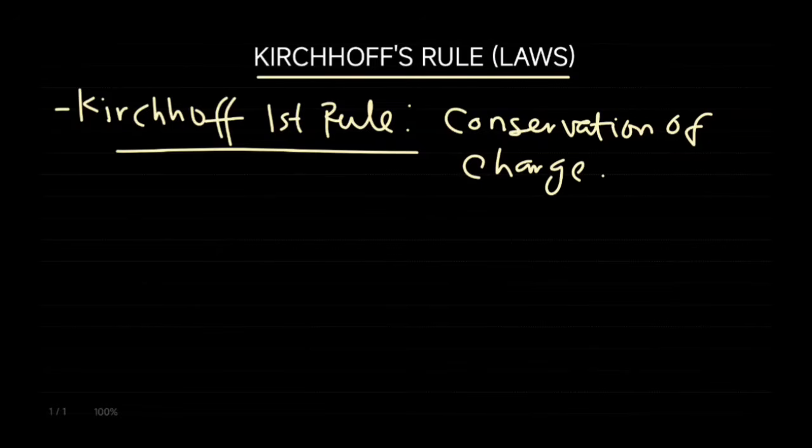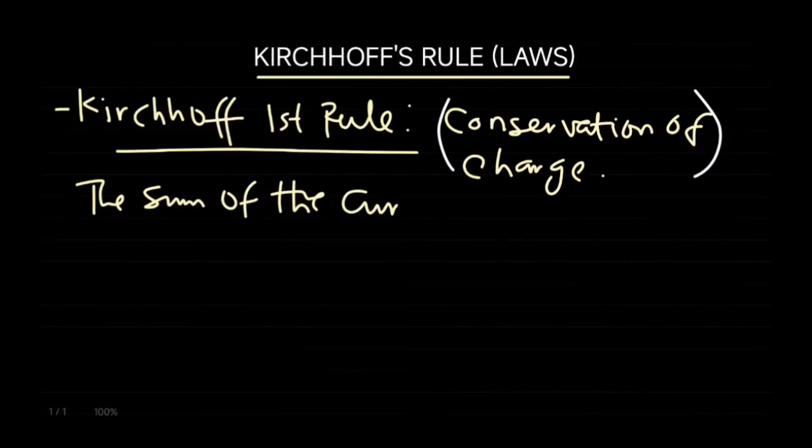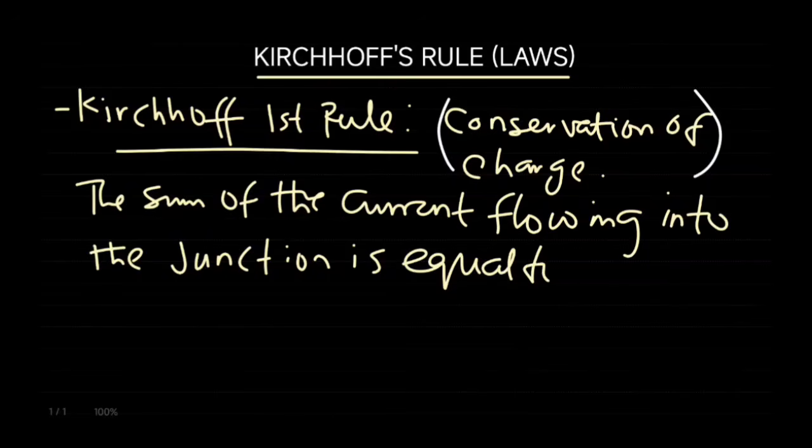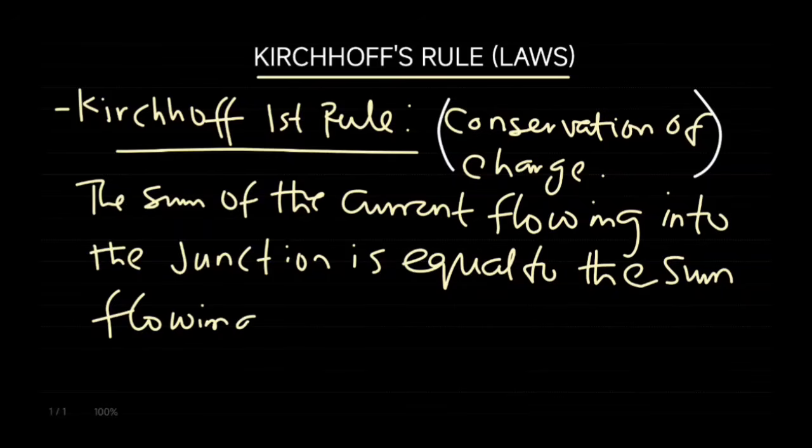We state that the sum of the current flowing into the junction is equal to the sum of the current flowing out of it.